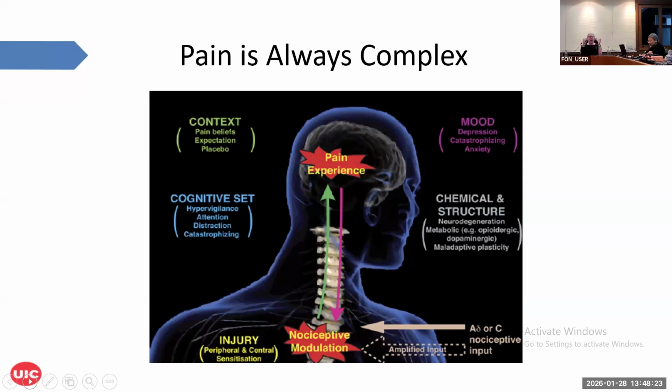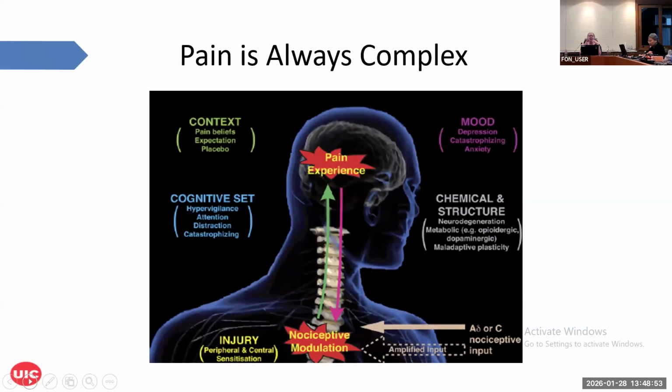You have your cognitive set, and pain catastrophizing is one example of that. It's, oh, I'm going to have a headache today because it's cold outside, and then it will be so much pain that I won't be able to go out. And just thinking about that is catastrophizing, making it much worse than maybe what it would be.